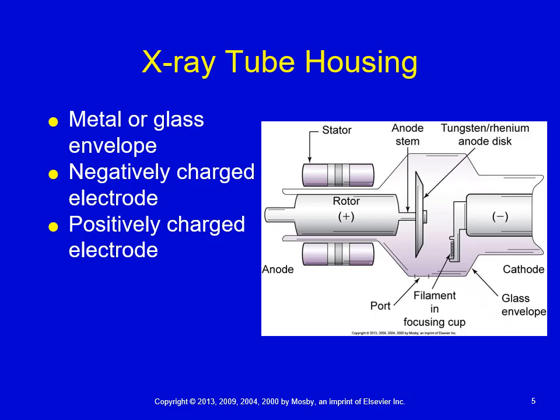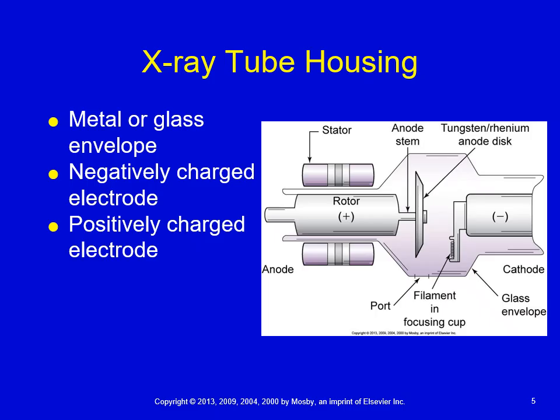Both enclosures also create a vacuum environment, so it's evacuated of air. There's no air inside, and it encloses what you see right here, which is our X-ray tube. From the X-ray tube that you see right here, you can see that it has a positive electrode or a positive side. The positive side is called the anode, and it also has a negative side, and the negative side is called the cathode.